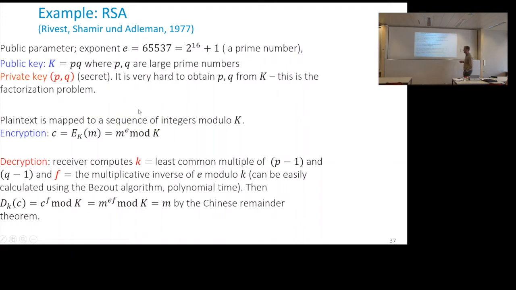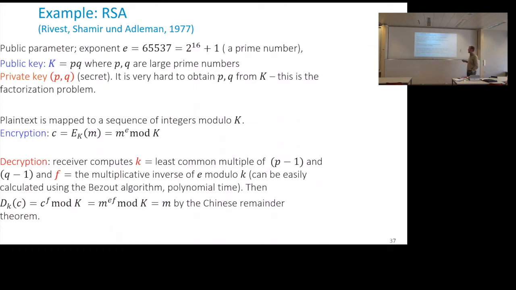Still, it's a block cipher, the block being of length k here. So we translate the plain text to a sequence of integers using ASCII code, for example. And then the encryption consists in computing the plain text to the power e, where e is this, and taking the residue modulo k. Those are very fast operations.